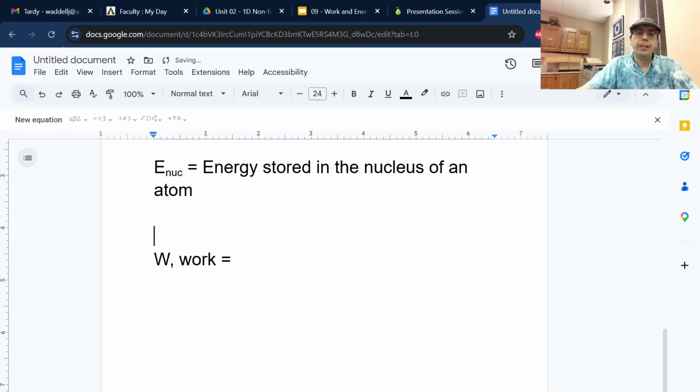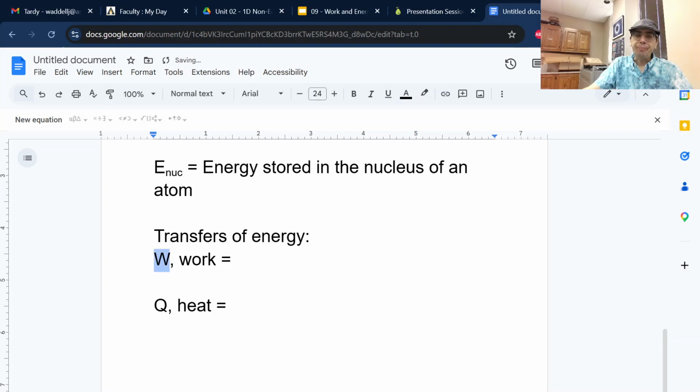So we have transfers of energy, and we have two types of those. We have work, for which we use the letter W, and we have heat, for which we use the letter Q. And at this point, you just give up hoping that letters have anything to do with the words.